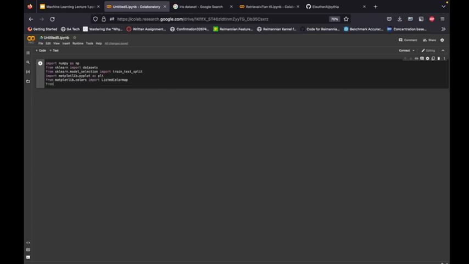Okay, and now we import the actual algorithm that we need, which is the k-nearest neighbors algorithm. Okay, hopefully I didn't misspell anything. There's a high chance of that because I don't have autocomplete.